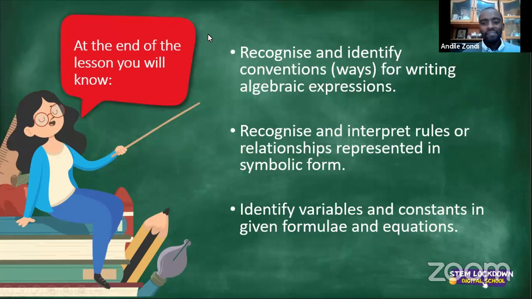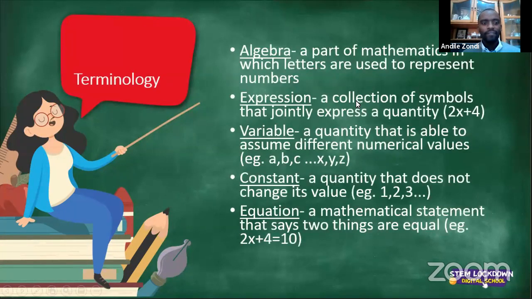All of these terms are probably confusing for some of you. So before I proceed, I'll first explain words like algebraic expressions and so on. First of all, algebra. What is algebra? Algebra is a part of maths in which letters and other symbols are used to represent numbers.